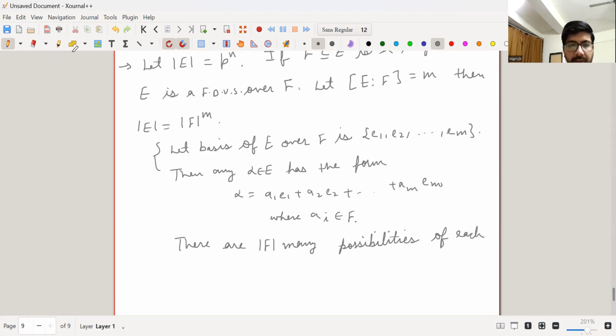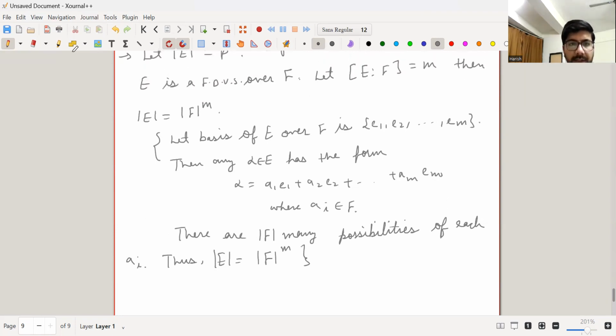And since they are the basis, for one possibility of ai you will get mod of F possibilities for the others, and they are non-interacting because they are linearly independent. And thus mod of E is nothing but mod of F raised to m, because there are m many basis elements. So you have this, right? And what does this imply?